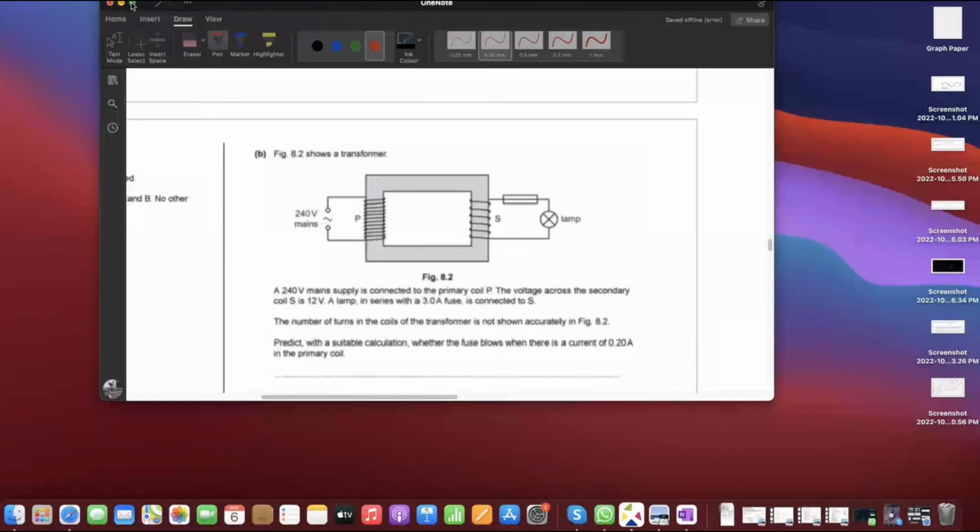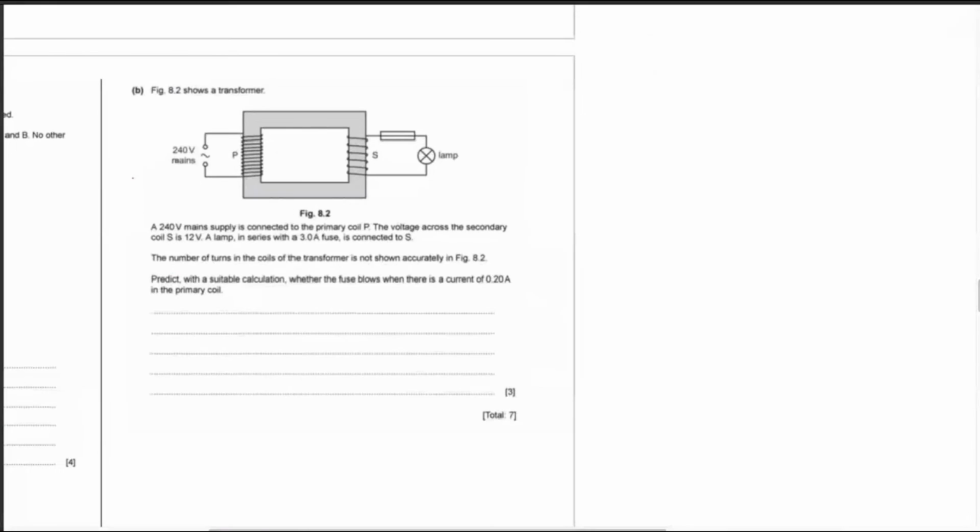Figure 8.2 shows a transformer. You can see the transformer has more turns on the primary coil and fewer turns on the secondary. Step-down transformer, yes.